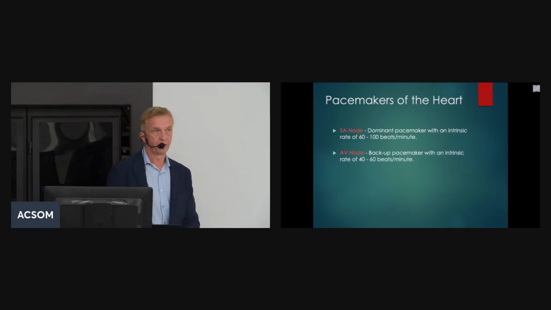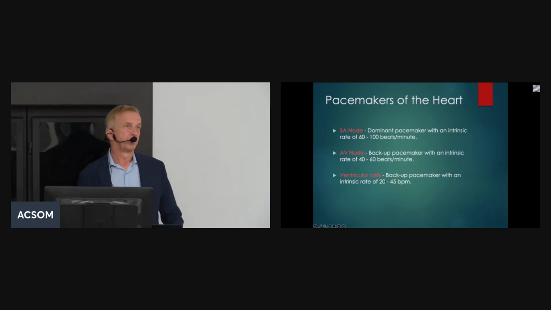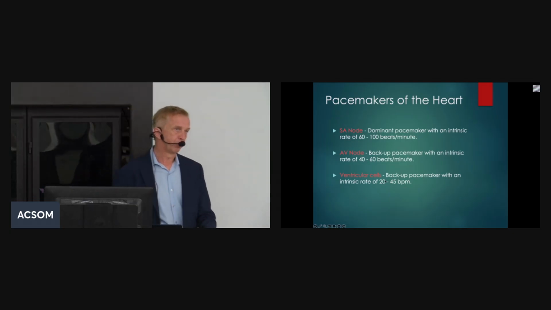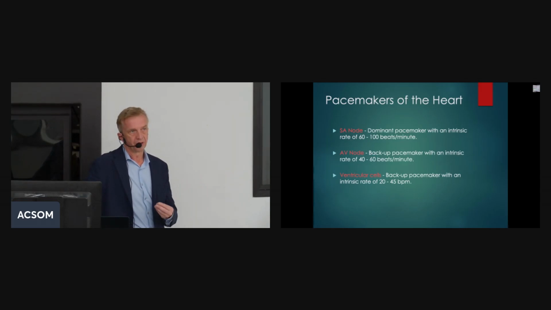If a patient comes with heart block, they still have two possibilities of being paced. Initially through the AV node, and if the AV node doesn't take the function as a second pacemaker, the ventricle cells are the third backup pacemaker, and their rate is much slower. That's how we can tell, in patients who come with complete heart block, based on the heart rate and the morphology of the QRS complex, if the backup impulse starts either in the AV node or in the ventricle.